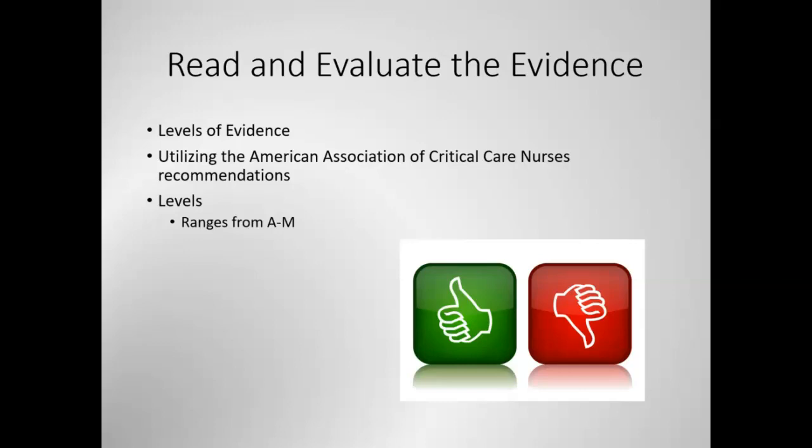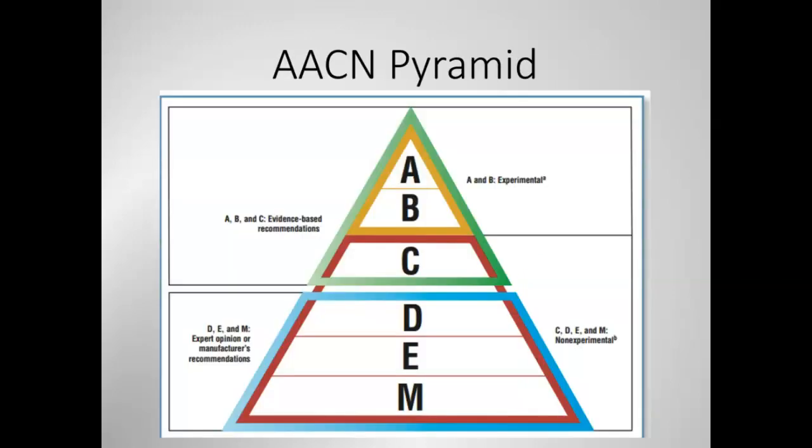So let's look at some of these. Here's the AACN Pyramid. So A and B are both experimental. They're the highest level. A, B, and C all have evidence-based recommendations. D, E, and M are really experts' opinion, and they're not really experimental. They're just going to tell you how it is.